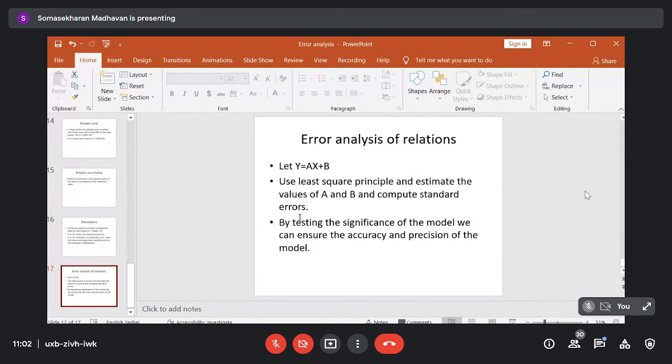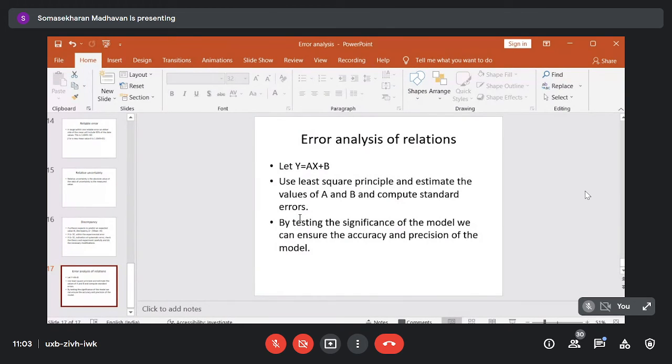So, suppose a theory says that these variables are related like this, and we try to prove it empirically. We take the measurement of values x and y, and we estimate it by the principle of least squares, or you can use maximum likelihood, etc. There are different procedures, and by using this principle and procedures, you can compute the values of A and B. As I mentioned in the case of regression, you can estimate both the values of the parameters as well as the standard error.